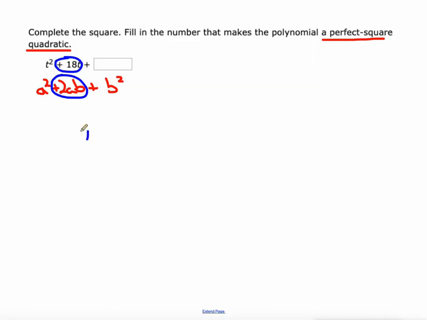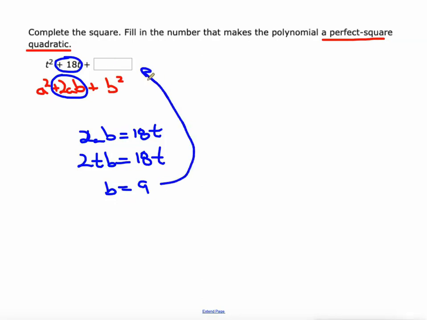If 2ab equals 18t, and we know that the a value is t, so it's really 2tb equals 18t, then b must be 9. 2 times 9 would be 18. And 9 squared is our answer, which is 81.